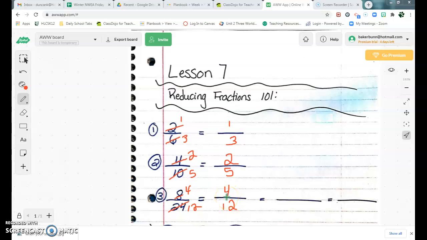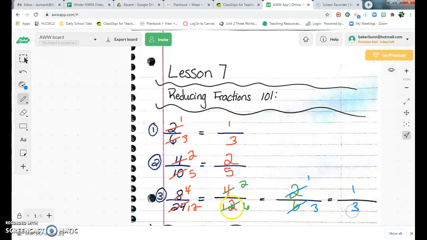So I can say that 2 can go into 4 and 2 can also go into 12. 2 can go into 4 2 times, and 2 can go into 12 6 times. So my new answer is 2 sixths. Well, I can go one step further. Again, 2 can go into 2 one time, and 2 can go into 6 3 times. So I know that my final reduced answer is 1/3.